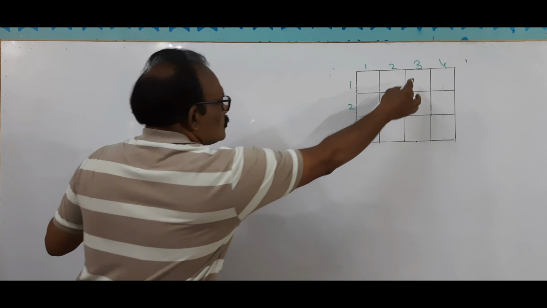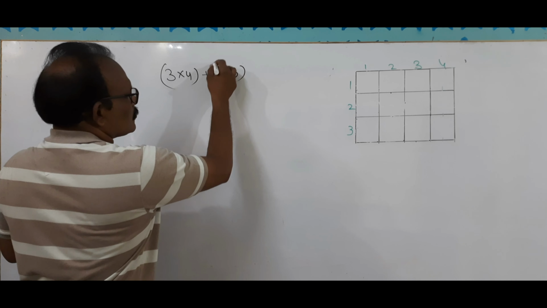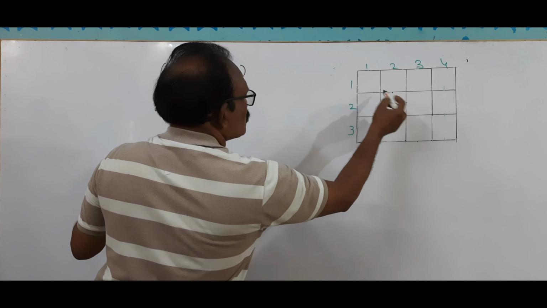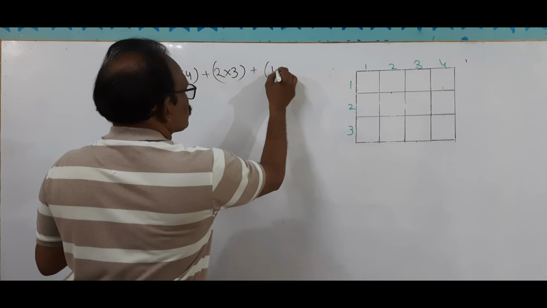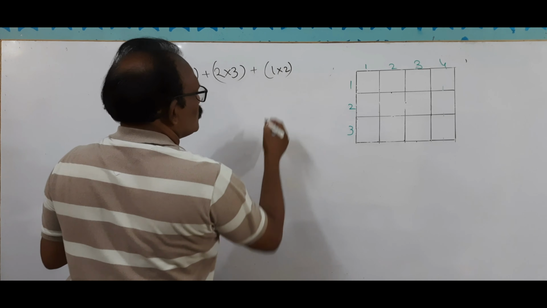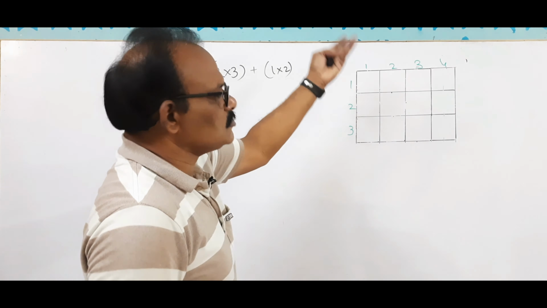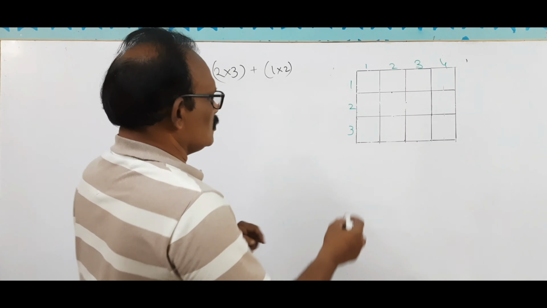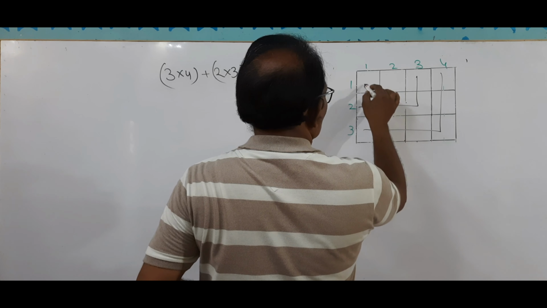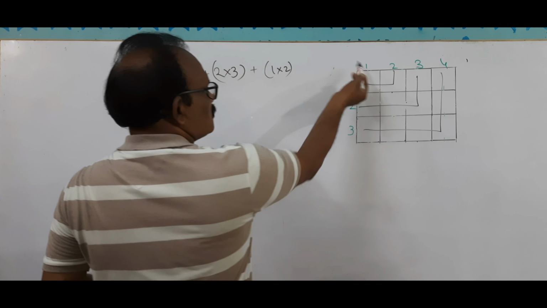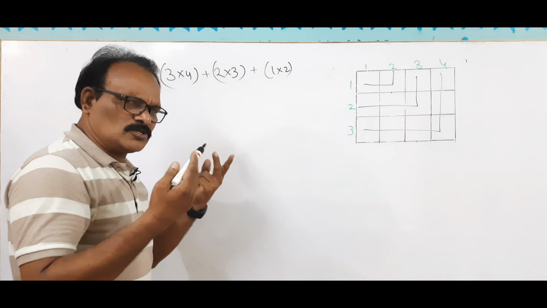Now 2 into 3. Now 1 into 2. Now 1 is left, but what is left of the square? Nothing, 0. This is over, this is also over. So we can write 1 into 0, which is 0.